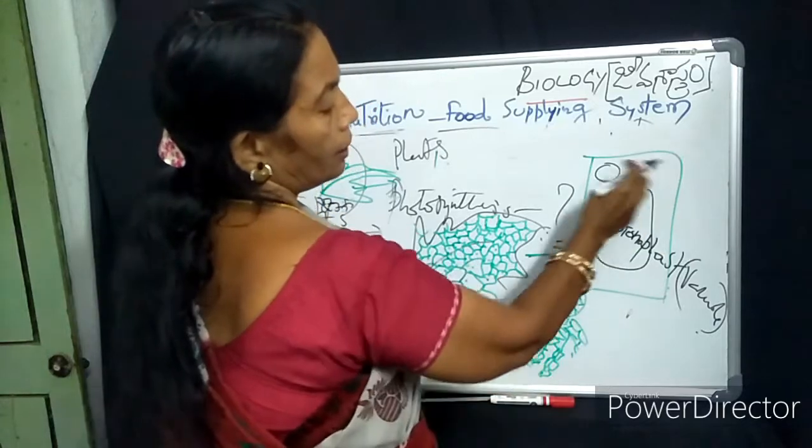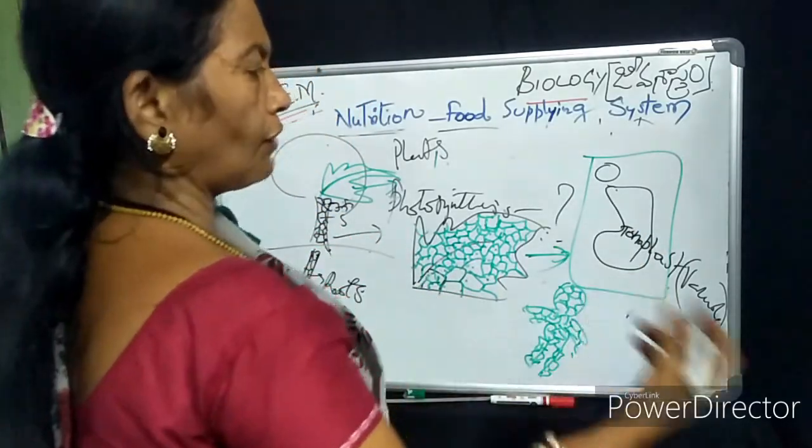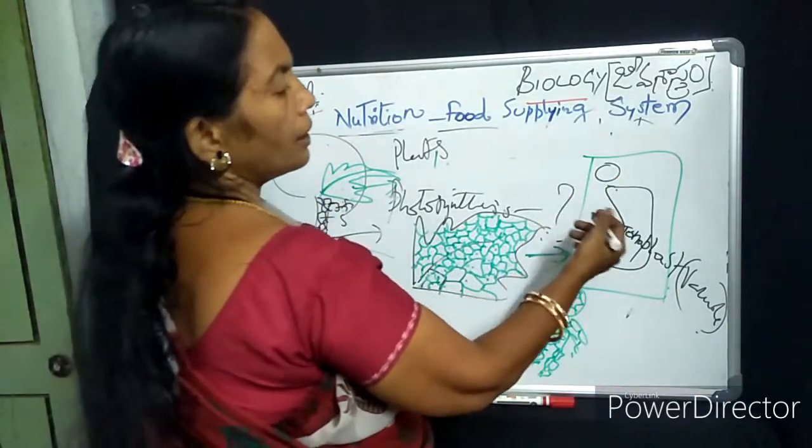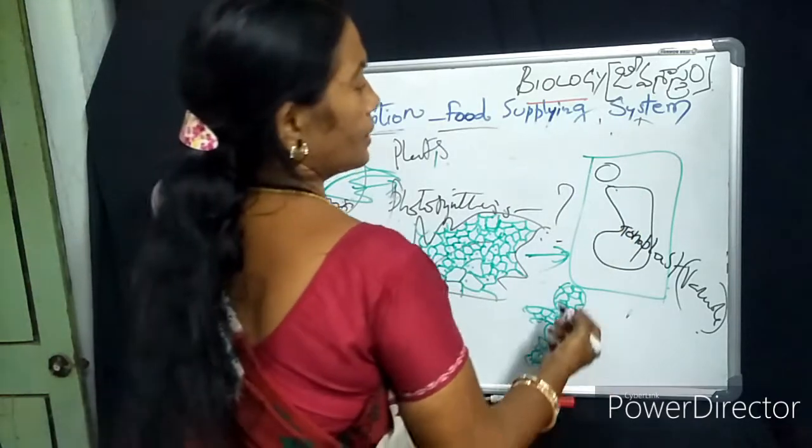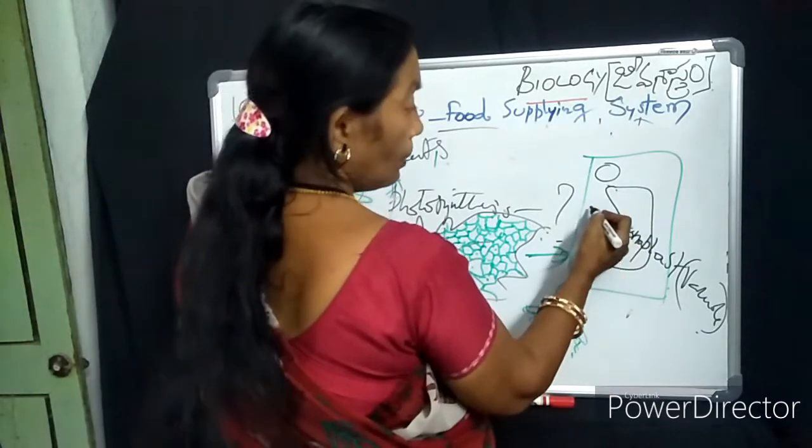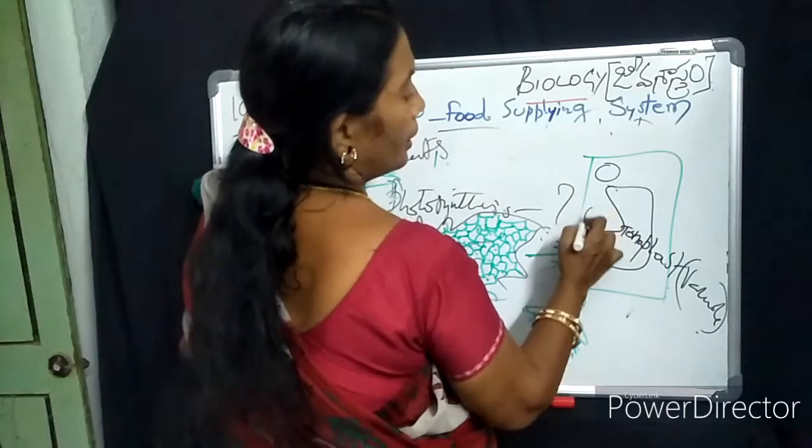Some cells have 4 corners or 5 corners, so the nucleus sits in any corner. It can be here also.